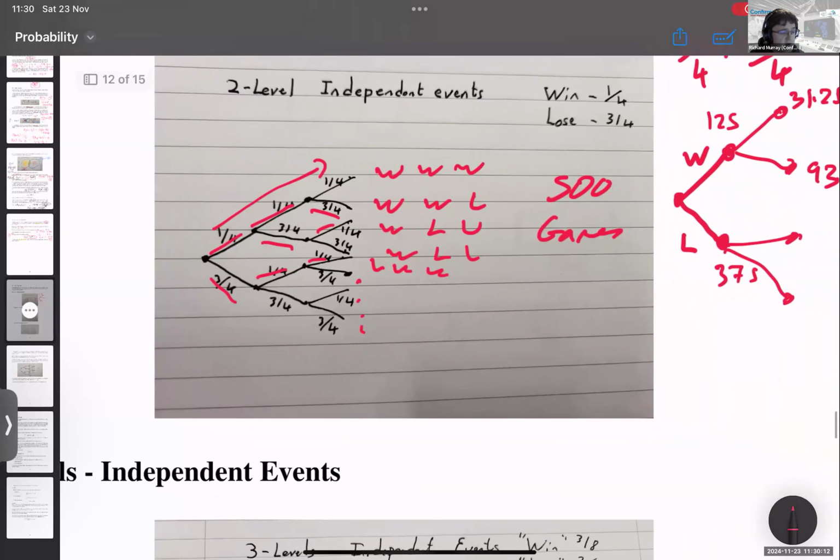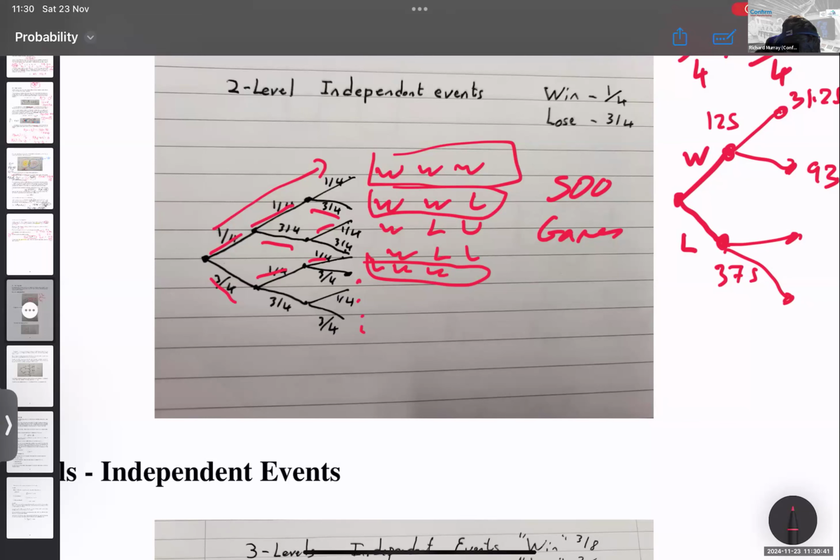And what you will see here is there's going to be a lot of cases where we will be asked questions of what is the probability that someone has won 2 or more games. So you would grab all the branches that have at least 2 wins. So we'd grab the win, win, win. We would take our win, win, lose. We would grab our lose, win, win. And then we would also, yeah, that's the end of our win cases.